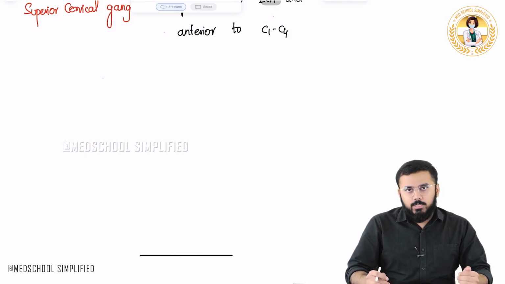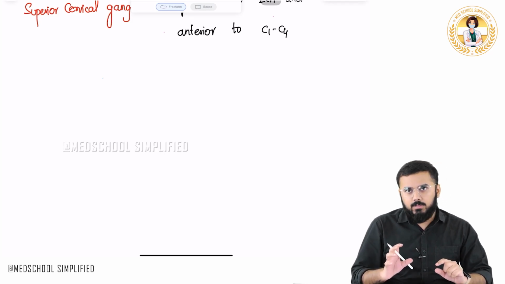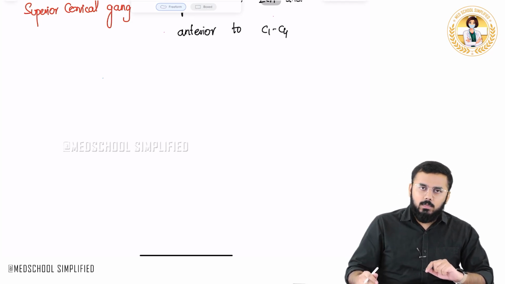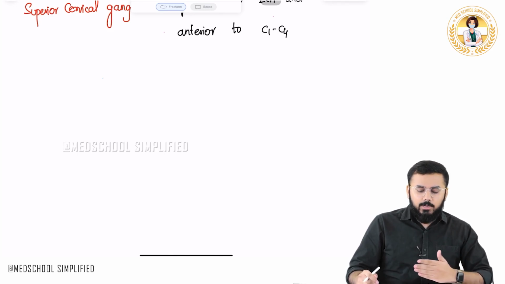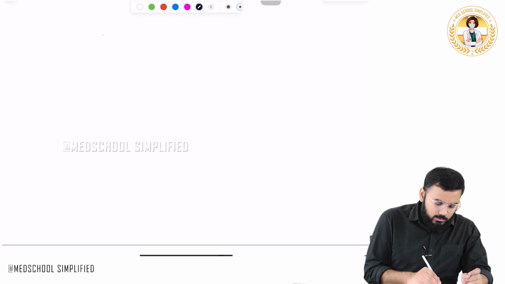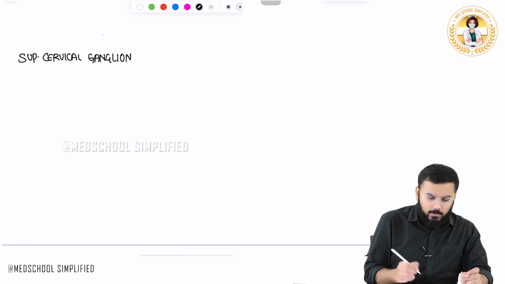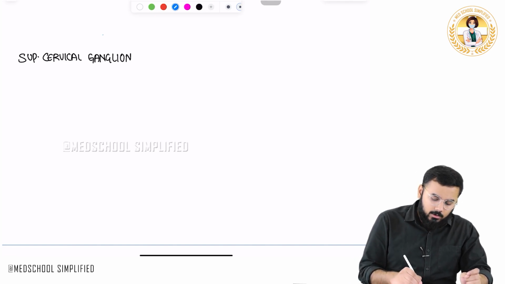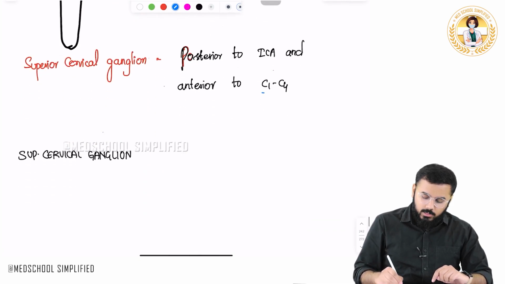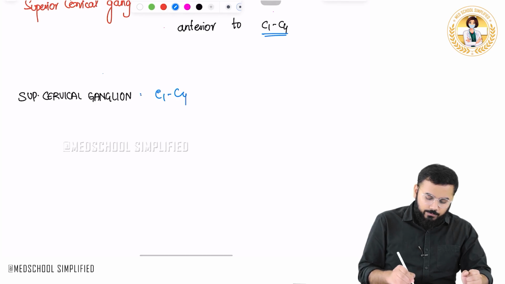We shall discuss each and every cervical ganglion, and see which arteries are in relation with the cervical ganglia and which organs they supply. This is a little bit of a memory part which I want you to remember at any cost. So first is the superior cervical ganglion, which is all the way from C1 to C4.